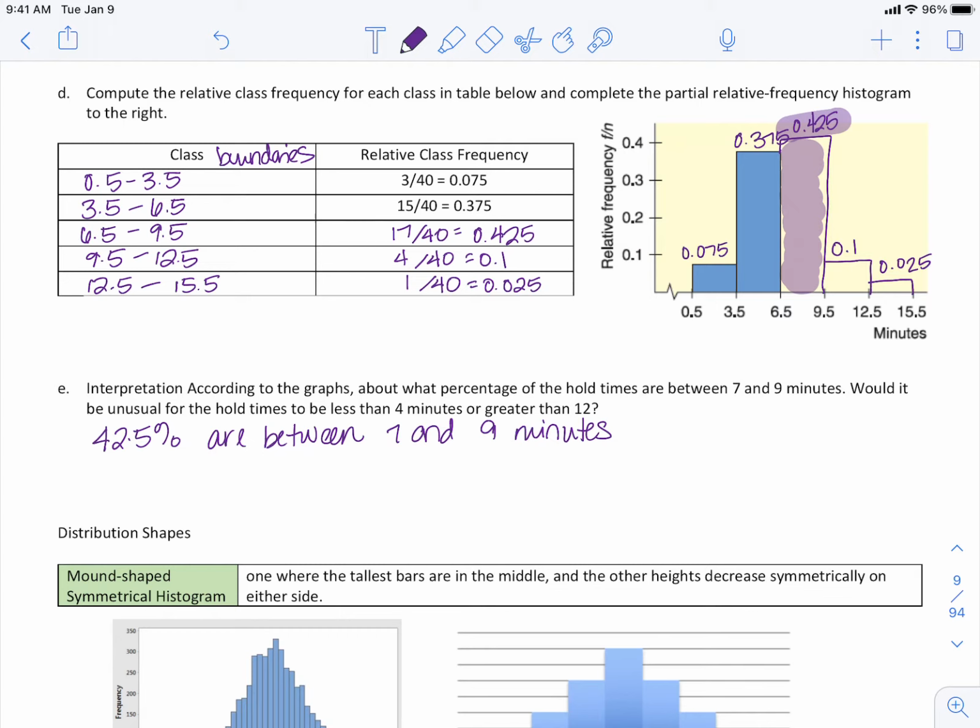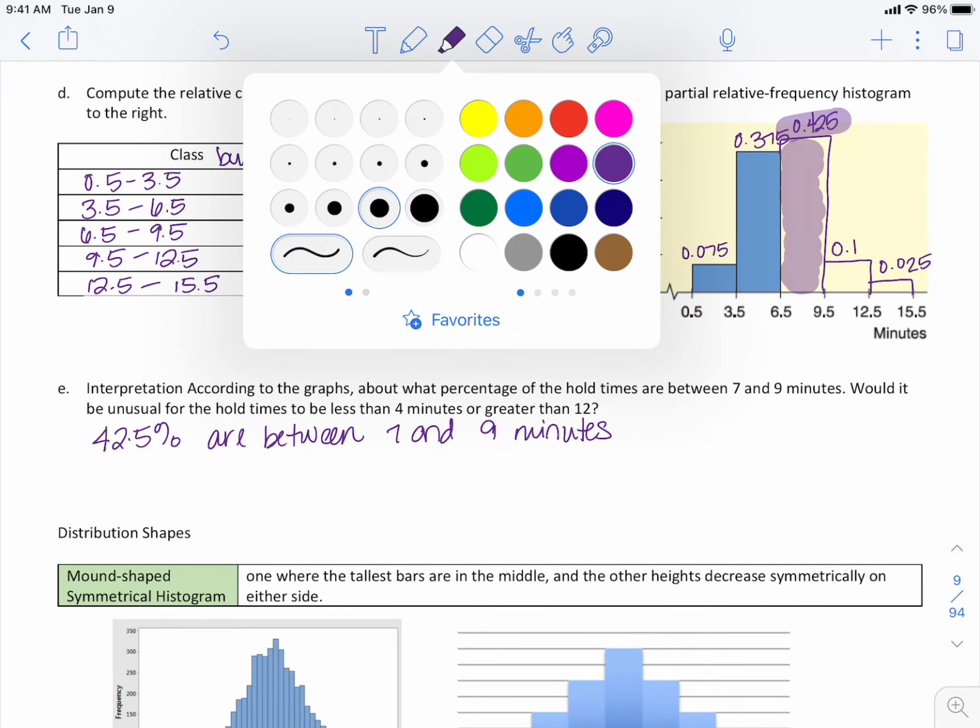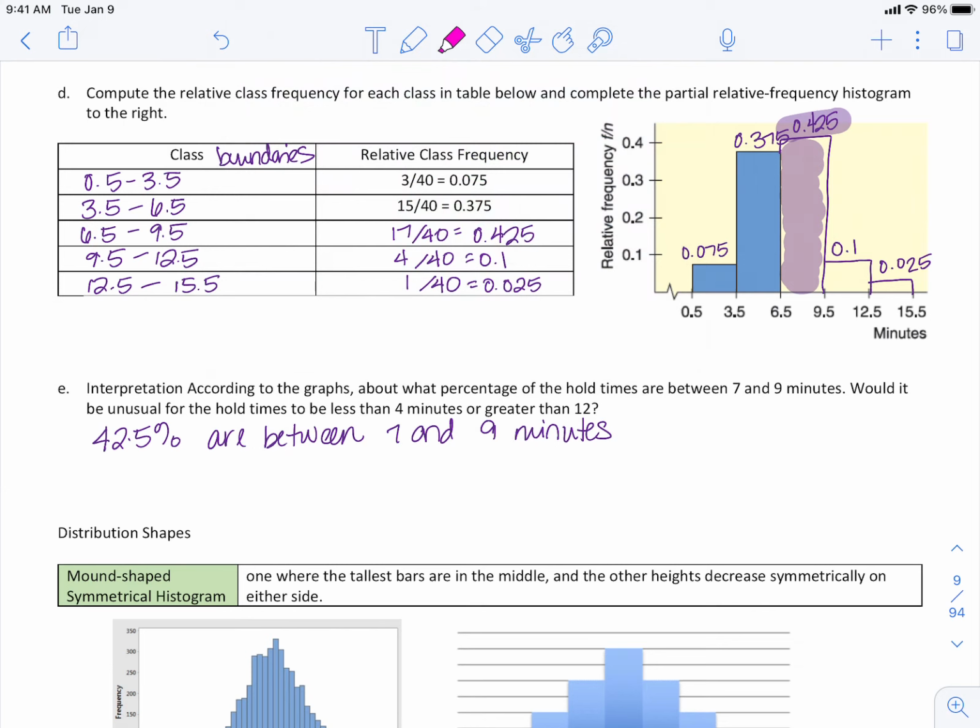The next part says, would it be unusual for the hold times to be less than 4 minutes or greater than 12? So less than 4 would be anything from this first column. Greater than 12 would be anything in this last column. So less than 4, that's 7.5%.